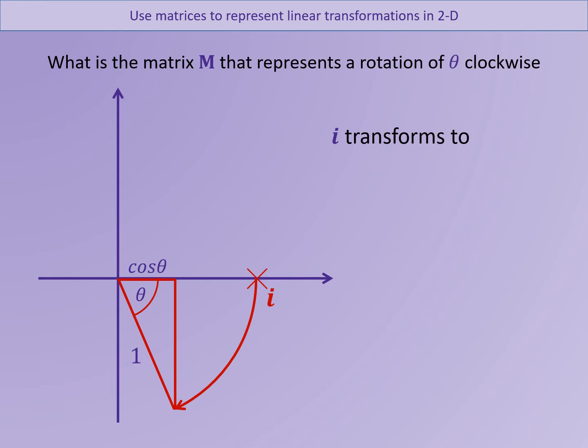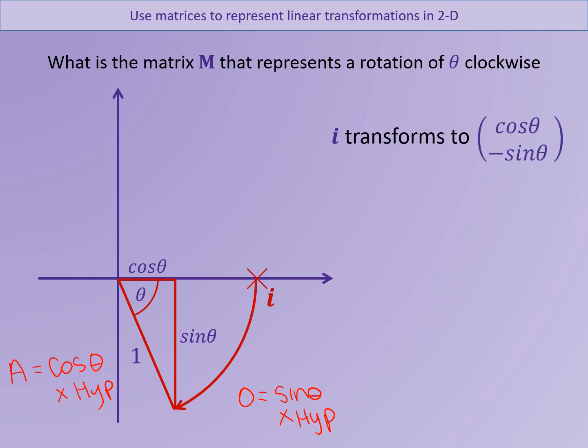This is cos theta, which comes from the adjacent being equal to cos theta multiplied by the hypotenuse. This length represents sine theta, as the opposite is equal to sine theta times the hypotenuse. And we know that the hypotenuse of this triangle is 1. So i will transform to (cos theta, -sine theta). So be careful with the signs on this one.